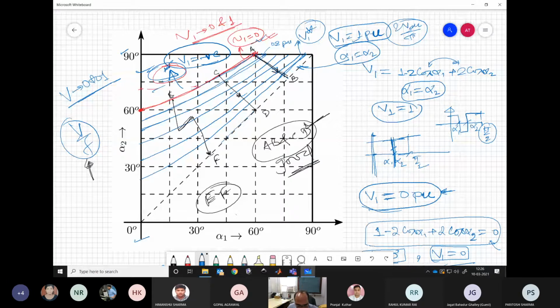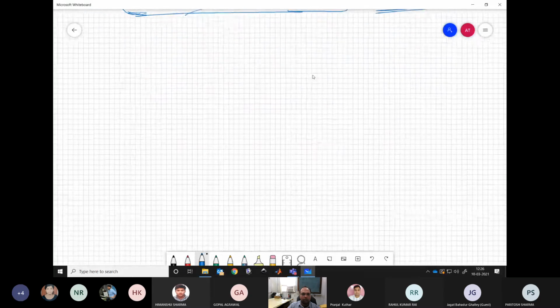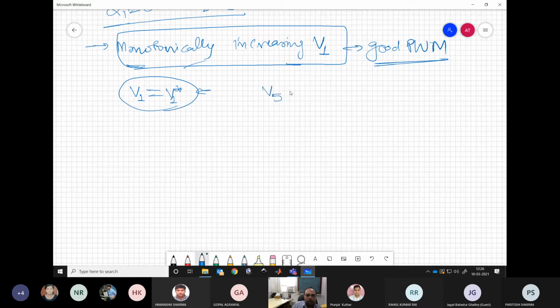Certainly, when we are trying to do this, we must have some more say over the harmonics as well. So let's try to figure out where at least one of the harmonics is going close to 0. Let us say we have fixed the value of V1, some V1 star, and we are trying to figure out V5, or maybe independent of V1, we are just trying to figure out points where V5 is equal to 0. This one harmonic we are interested in.